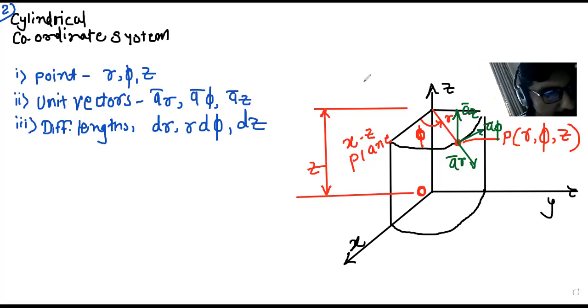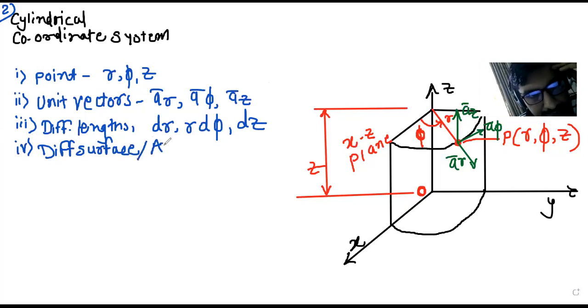Then we have differential surfaces, or you can say differential areas. As I said yesterday, the direction is given by the third vector, whereas the multiplication of the other two will give you the area.